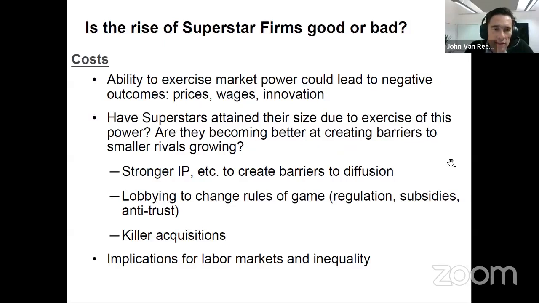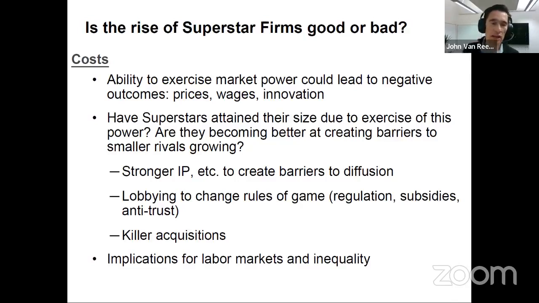And that also leads to the concern, well, maybe the superstars have attained their size partly due to the exercise of this power. Are they becoming better at creating barriers to entry, keeping their smaller rivals down? So, for example, by having lots of patents, maybe they can prevent the diffusion of knowledge and information to some of these smaller firms.